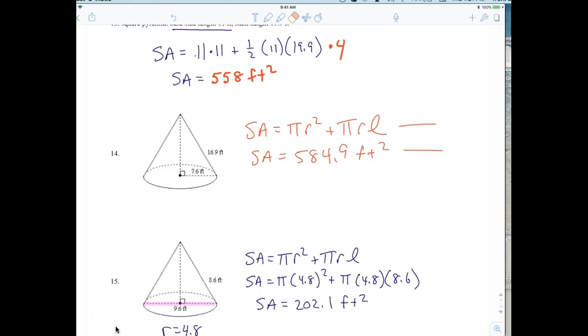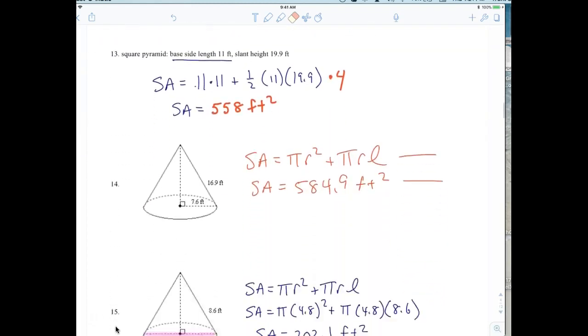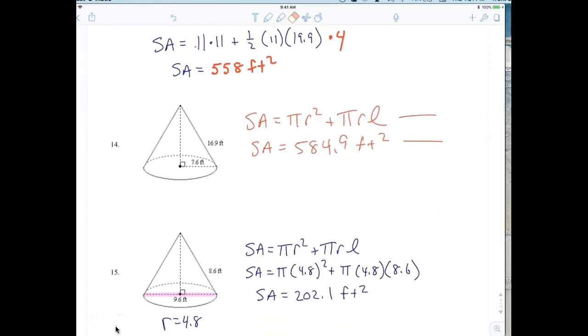Any issues? I'm totally fine with that. Some kids like to still punch in 3.14, so a little bit different. I don't really care. I'm not worried about being off by a decimal.